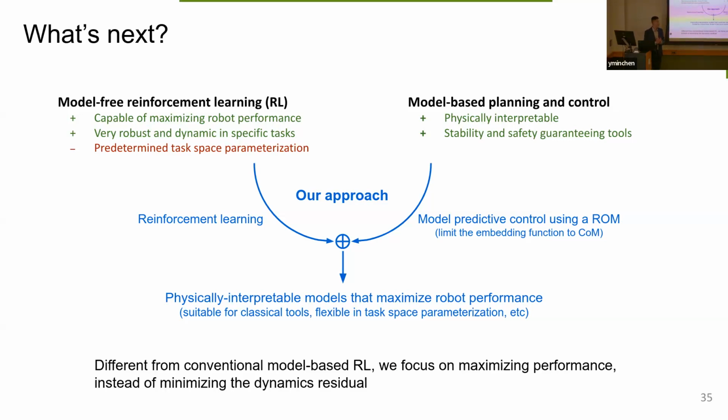And I want to emphasize that this might look like it's model-based RL, but it is not exactly, because in a conventional perspective, we minimize the modeling error. But in our approach, we actually want to maximize the performance, right? We don't minimize the modeling error. In other words, we explicitly optimize over the model, but also implicitly optimize over the control policy. So the model actually encodes the control policy.